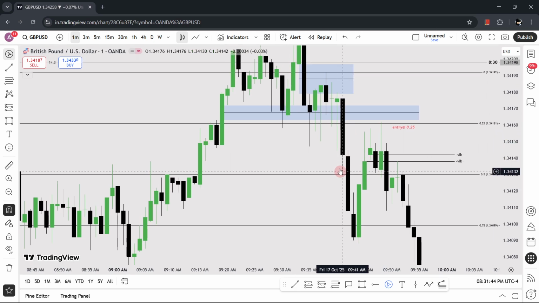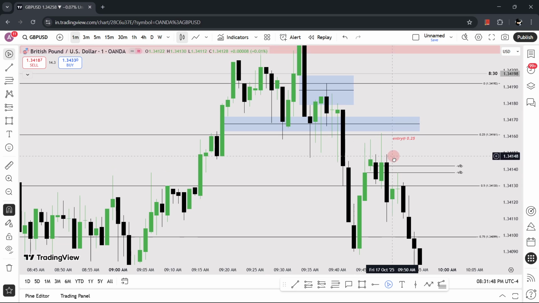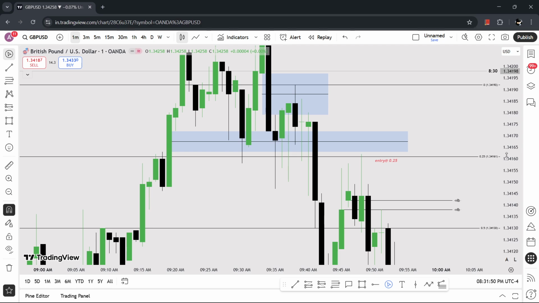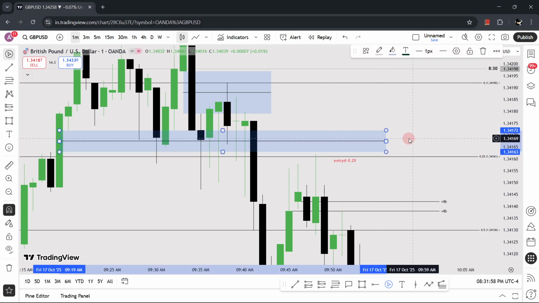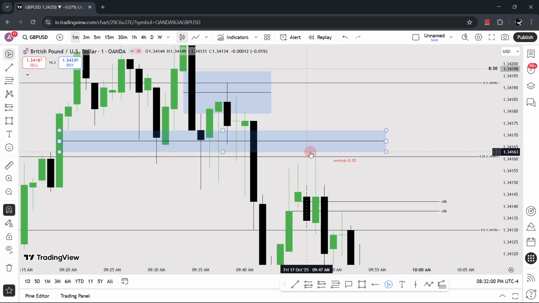So while it was going up, there were two possible entries for me: at the 0.25 level or at this fair value gap. Mostly, multiple traders will think that this fair value gap could be touched, right?